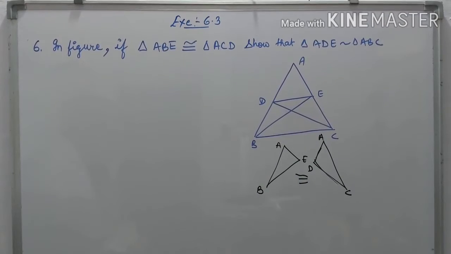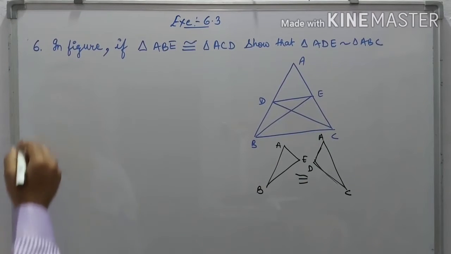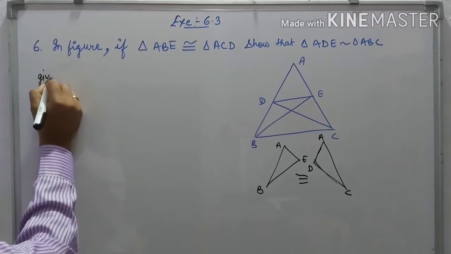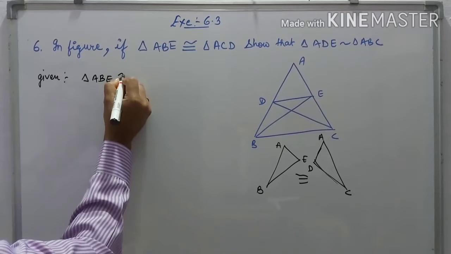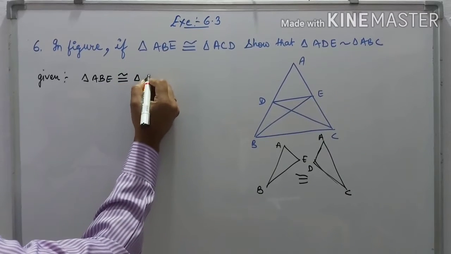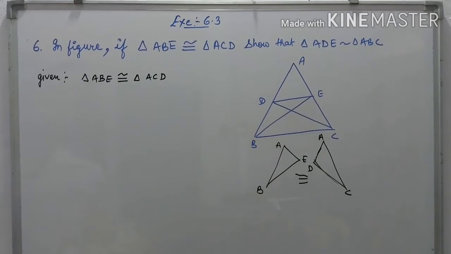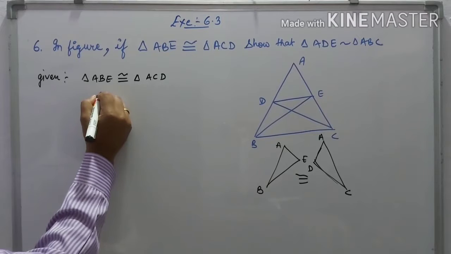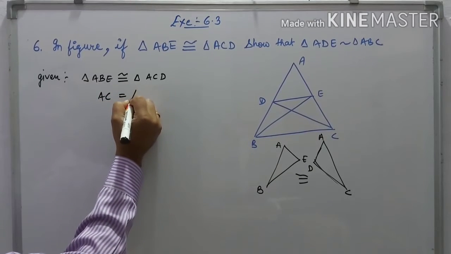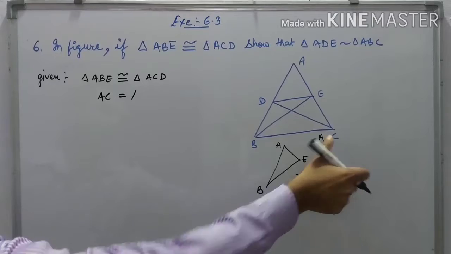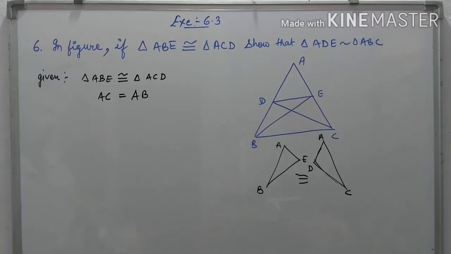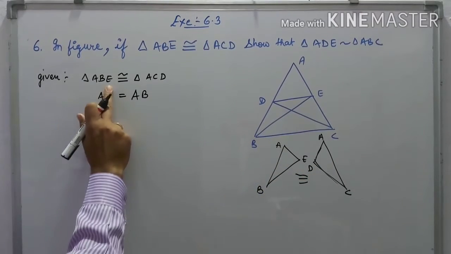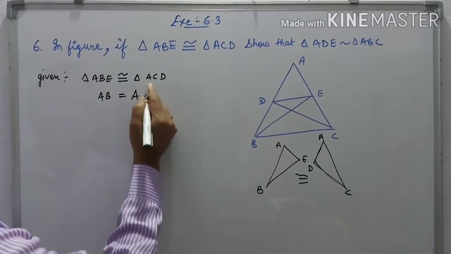Now it is given that triangle ABE is congruent to triangle ACD. It means we write the side AB equal to AC.